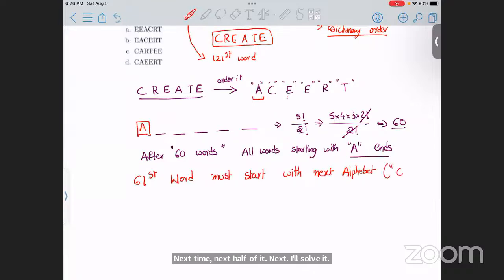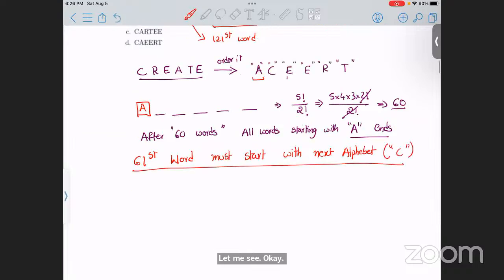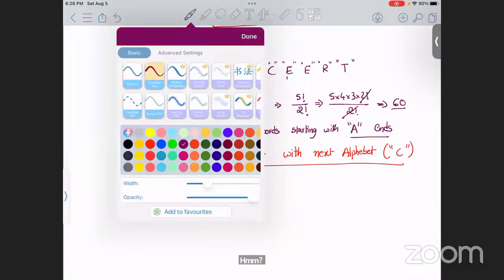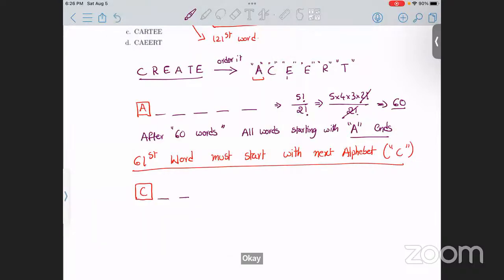Now we will fix C and fill all the remaining 5 positions.